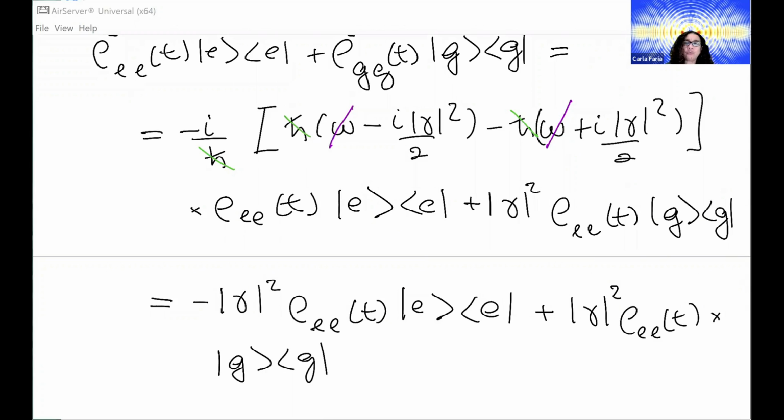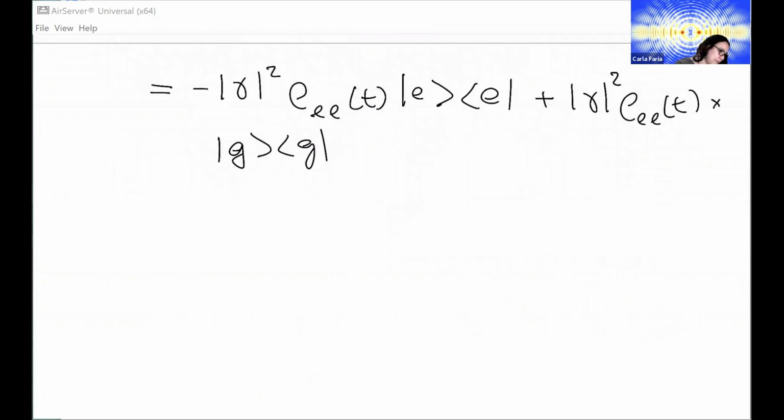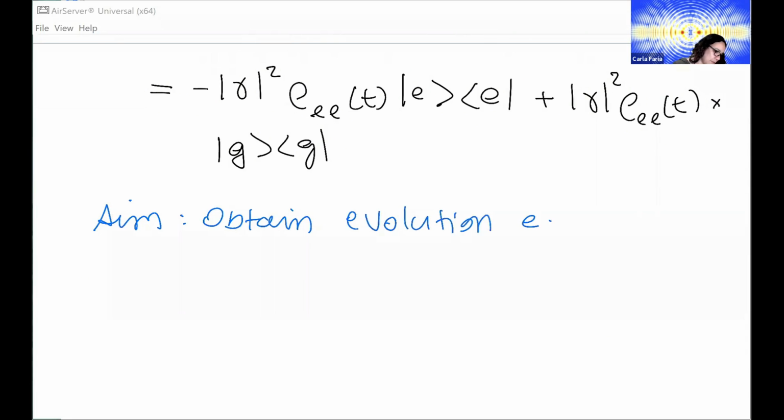And we have, in principle, what we need, because we have the evolution for the whole density operator, but we want to obtain equations of motion for the matrix elements. So we would like, let me write, aim, obtain evolution equations for the matrix elements.